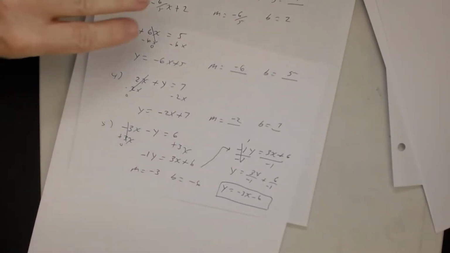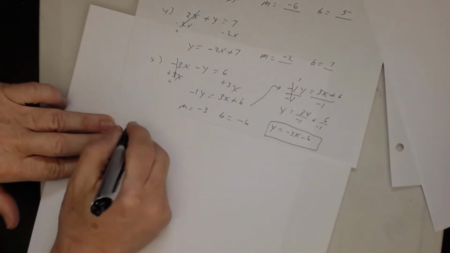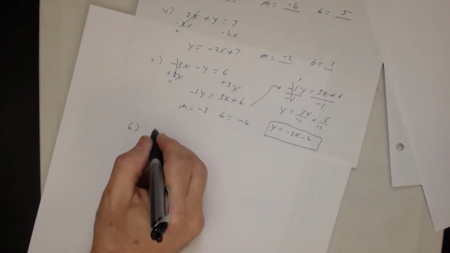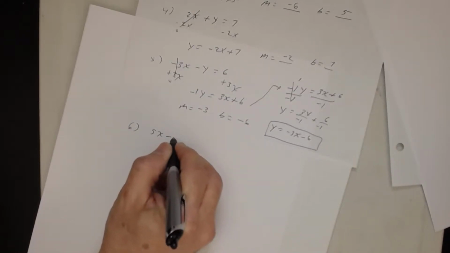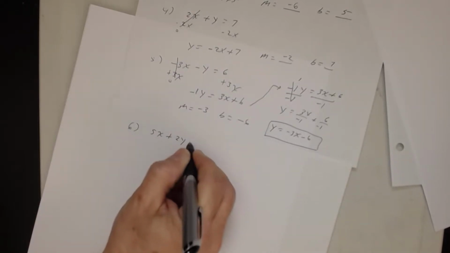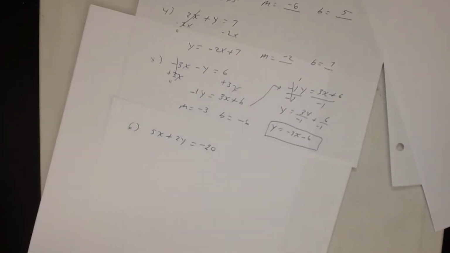All right, number 6, suppose you had 5x minus z plus 2y equals, let's say, -20. Subtract 5x and so on. All right, so again, you want to find the slope and the y-intercept.